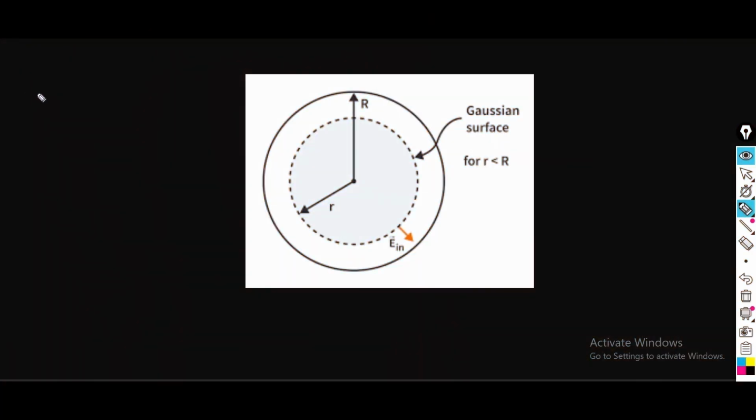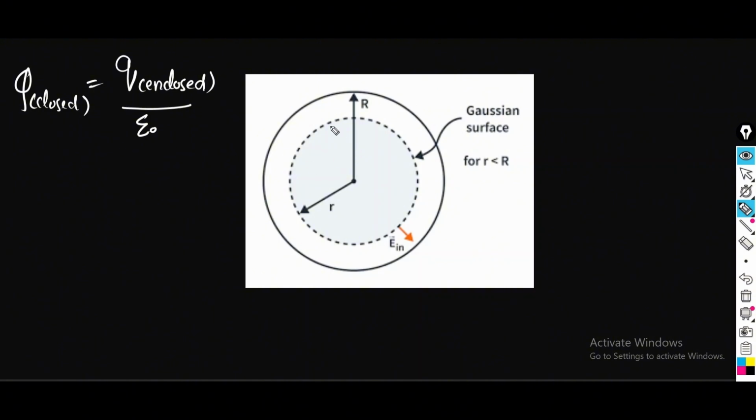According to the expression of the Gauss law, the flux through a closed surface is equal to the charge enclosed by that Gaussian surface divided by the permittivity of free space. So according to this expression, the Gauss law does not depend upon the shape or the size of the Gaussian surface.